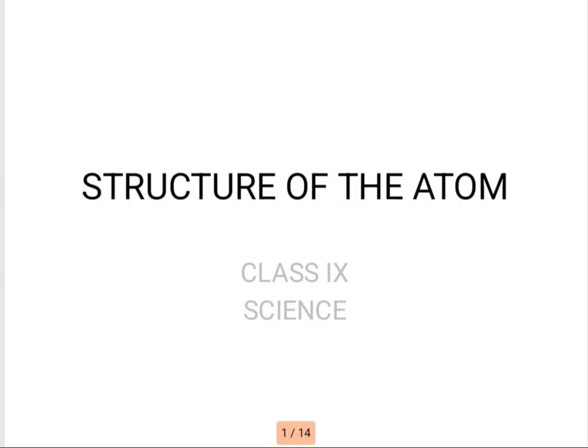So let's start. In this chapter, we discuss early models of atoms, Thomson's model, Rutherford's alpha particle scattering experiment, Bohr's model, what are shells or orbits, what is valency, atomic number and mass number, how to calculate the number of protons, electrons and neutrons, isotopes and isobars, and some important formulas and some exam-style questions also.